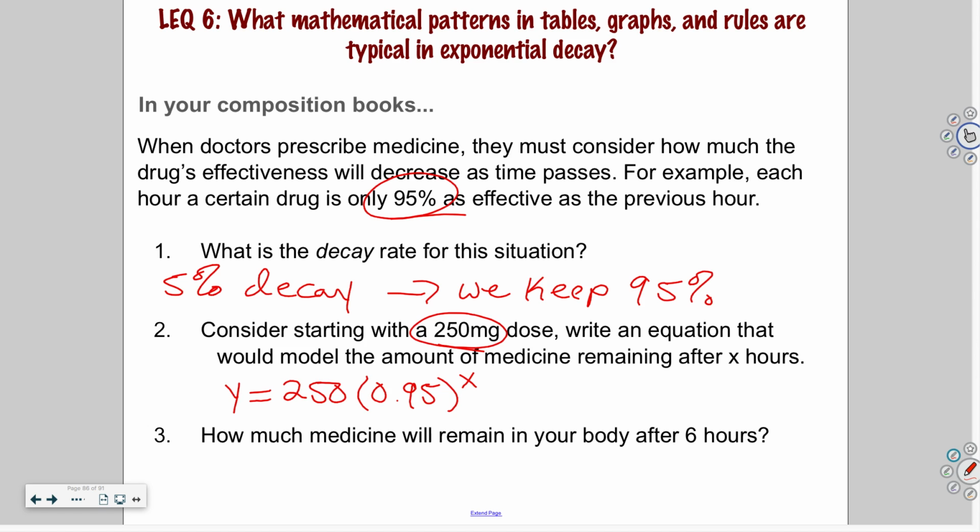Where did the 0.95 come from? 95%, I take 95 divided by 100, 0.95. I know immediately by looking at my b value that this is decay.